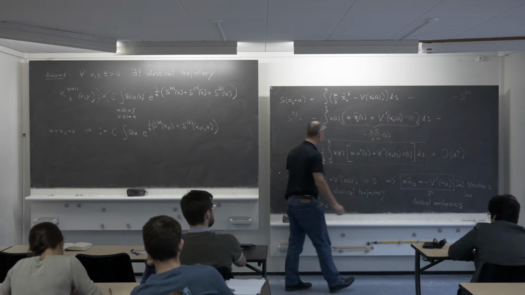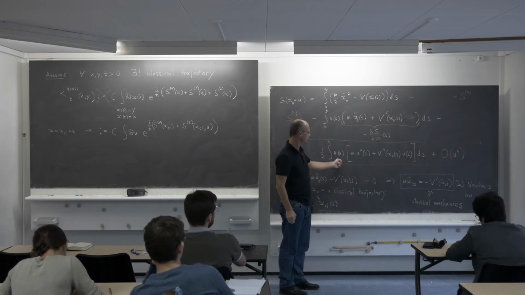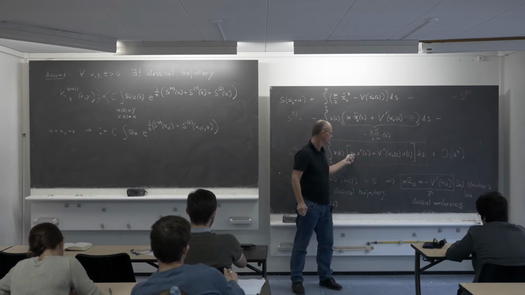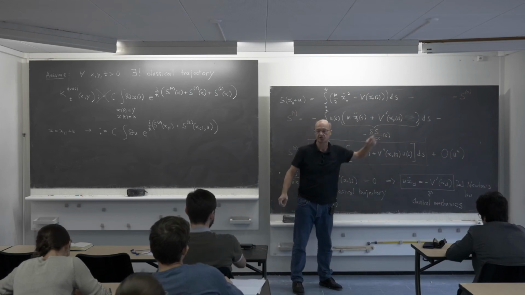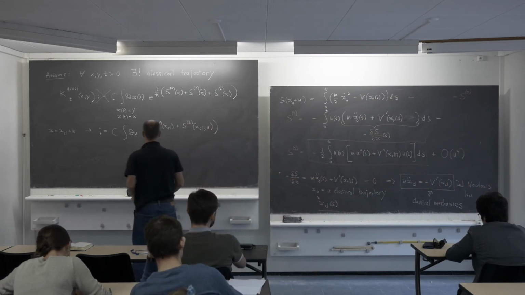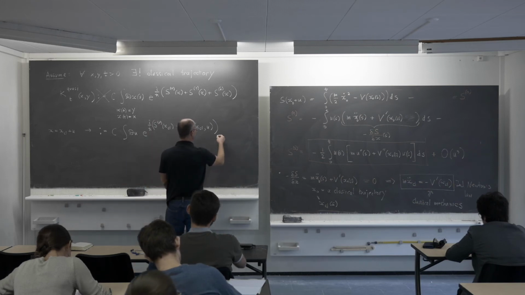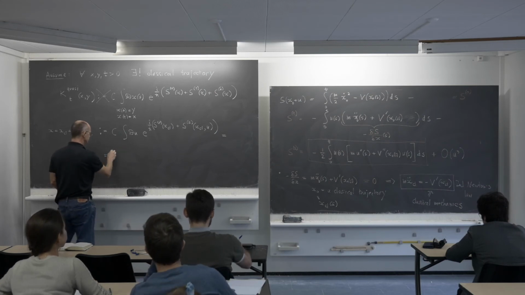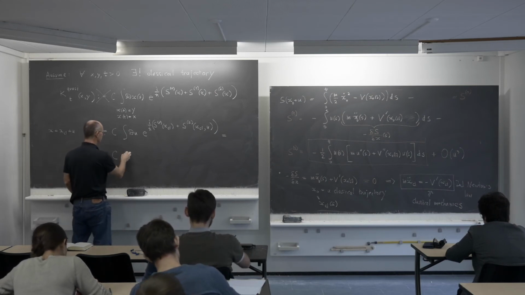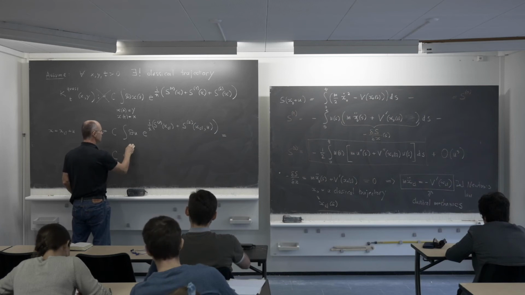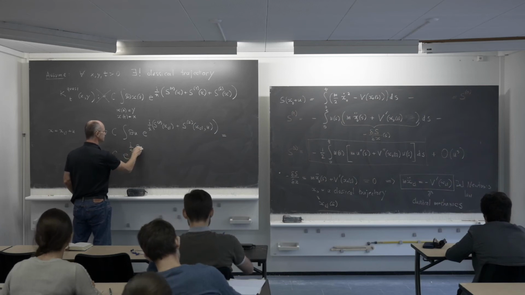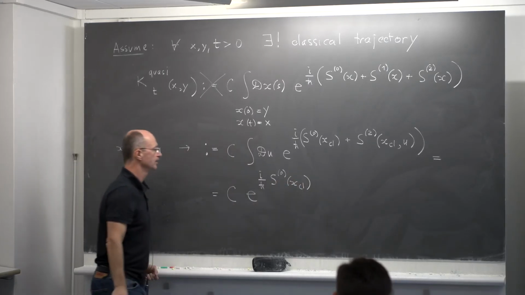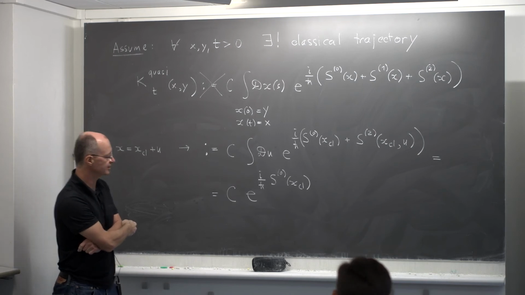So this is a quadratic expression in u, and here we have some linear operator. Now we'll have to discuss what kind of linear operator is there. All right. So a priori, the answer should be a constant times e to the power of i over h bar S naught of x classical.